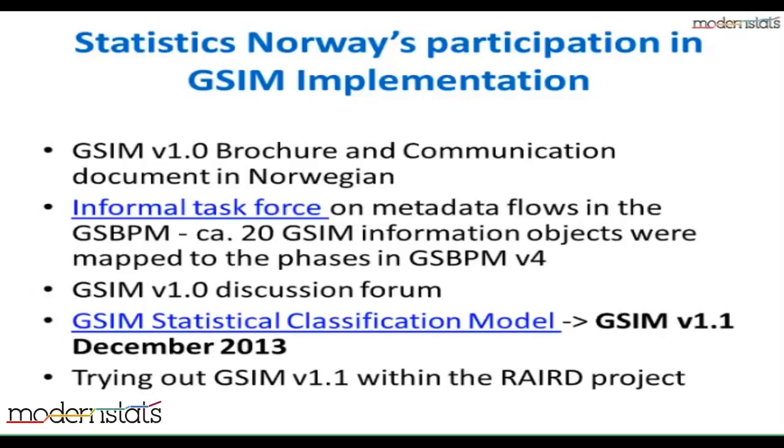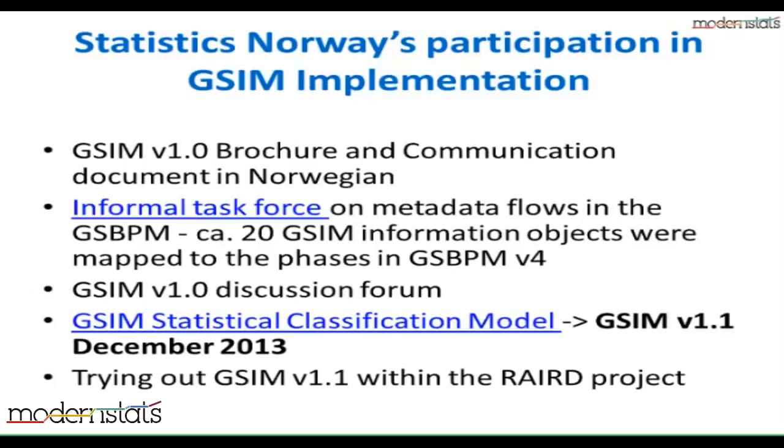We also contributed to an informal task force on metadata flows in the GSBPM, where we looked at 20 GSIM information objects and mapped them to the phases in GSBPM version 4. We've contributed to the version 1.0 discussion forum with our experiences.